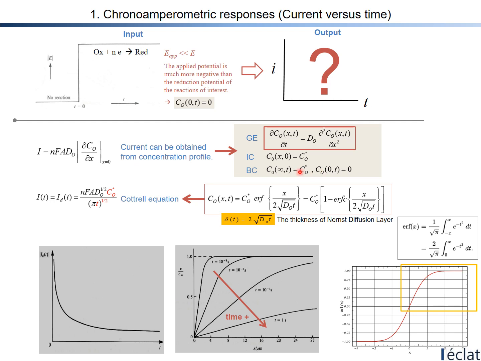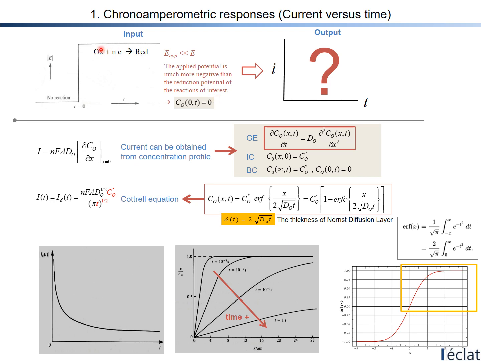Then let's go to the surface of the electrode. At x equal to 0, or at the surface of the electrode, what kind of concentration of oxidized species is found? I have said the concentration of oxidized species should be 0, independent of time, because we have an applied potential which is much more negative than the reduction potential of the reactions of interest.